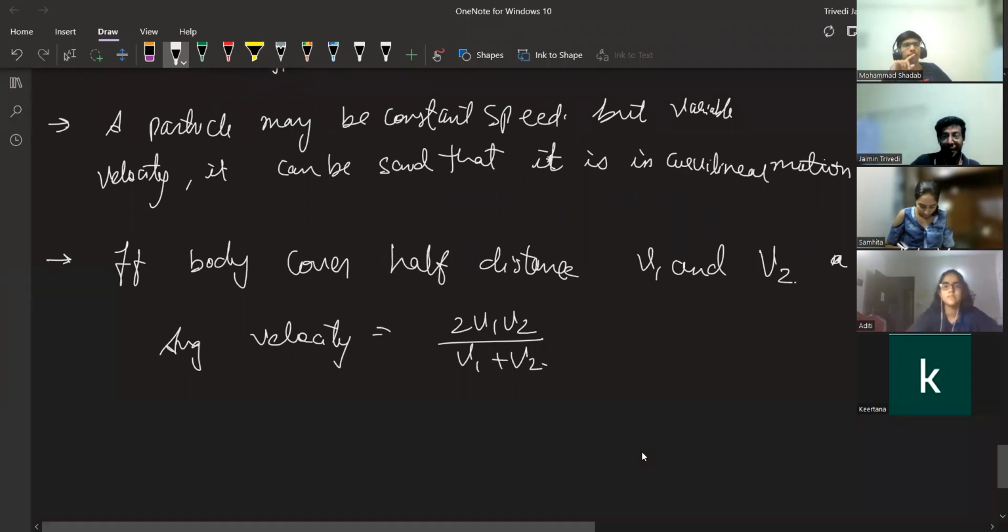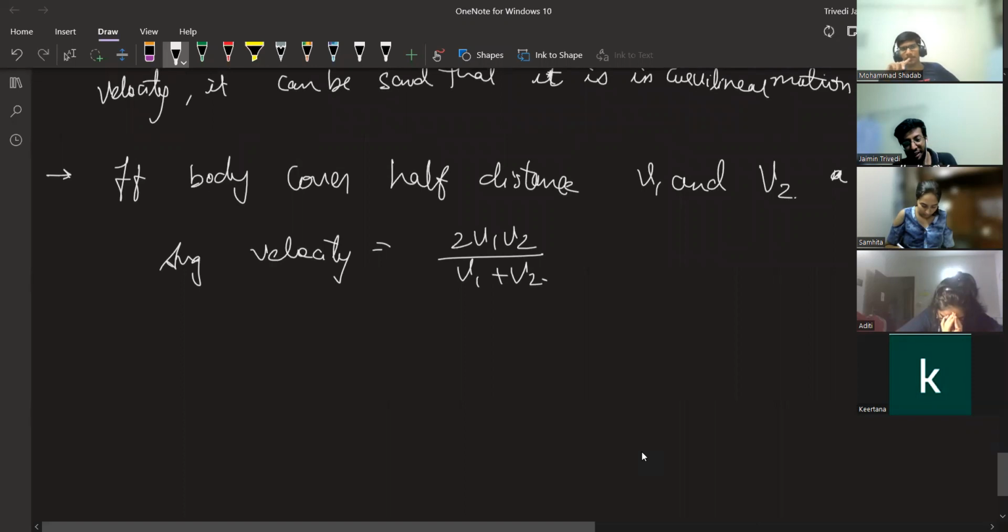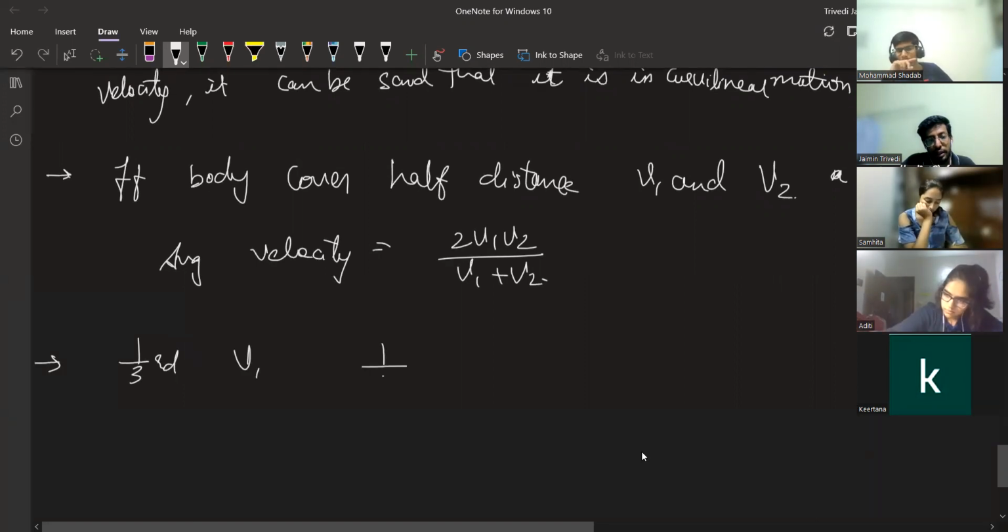Now, if I add one more thing, like if the object covers the first one-third of the distance at speed v1, the next third at v2, and the remaining third at v3, what will be its average speed?